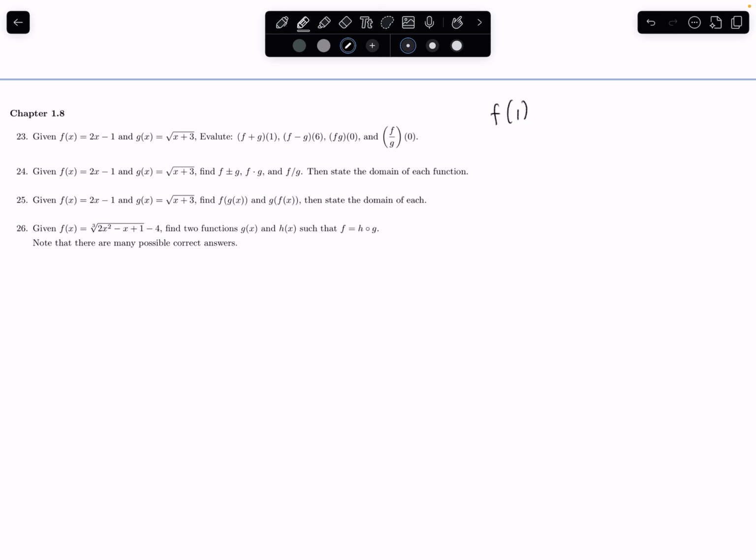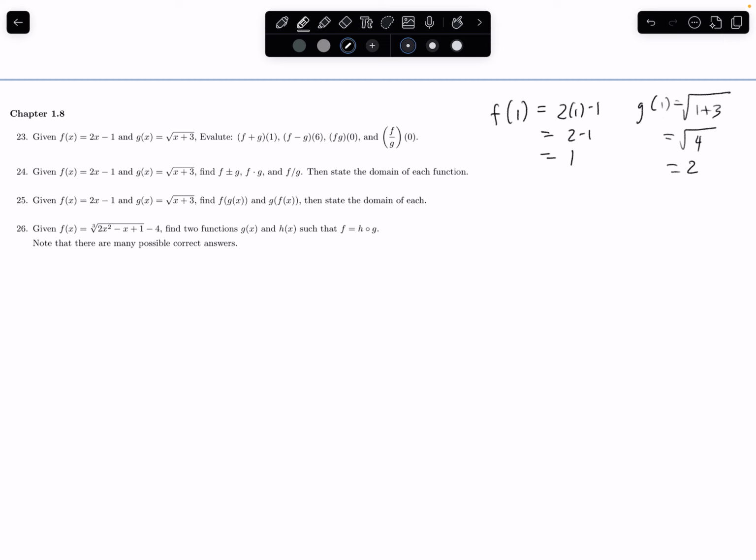So f of 1 first. What's f of 1? Well, f is 2x minus 1. That's going to be 2 times 1 minus 1, which is 2 minus 1, which is 1. What is g of 1? That's going to be the square root of 1 plus 3, which is the square root of 4, which is 2.